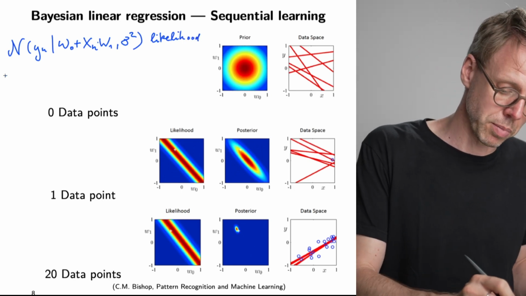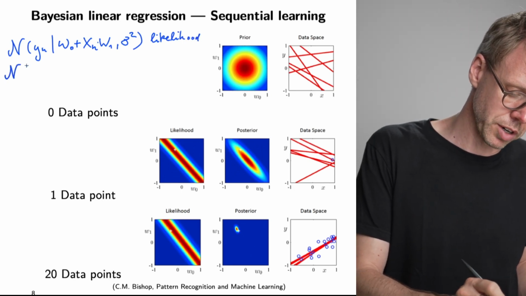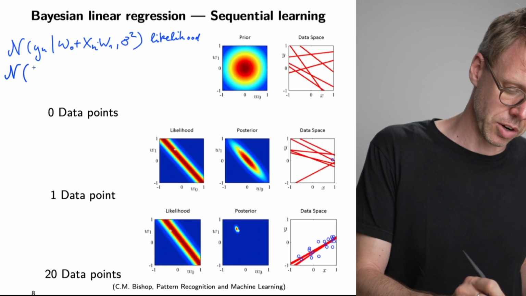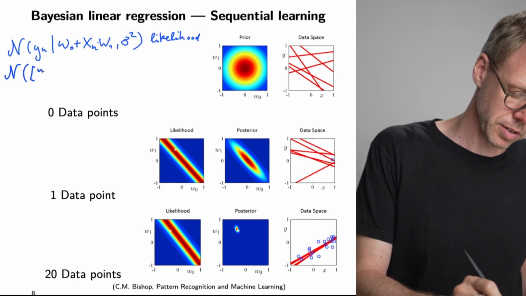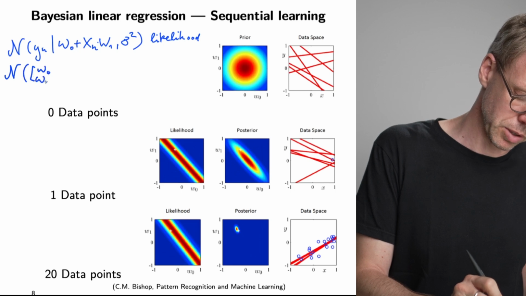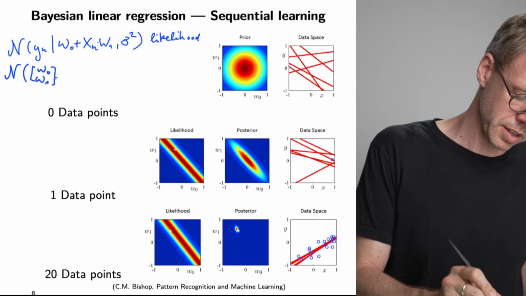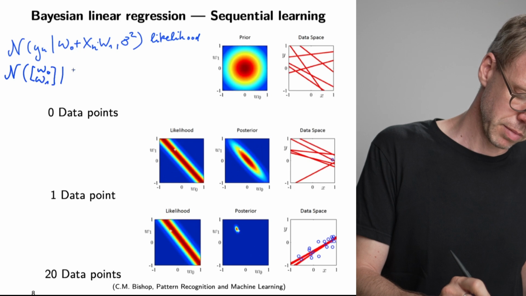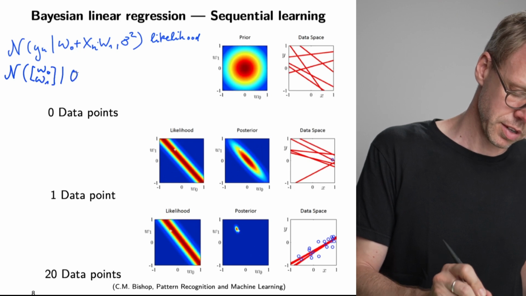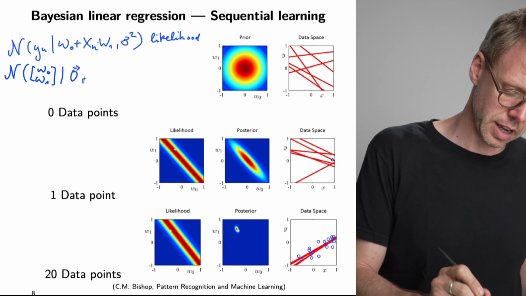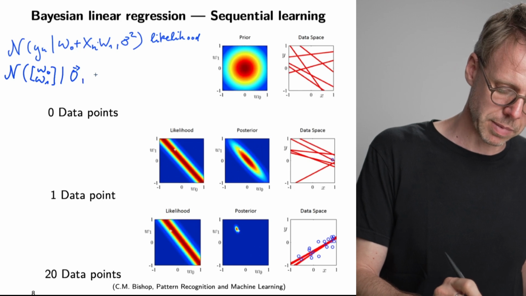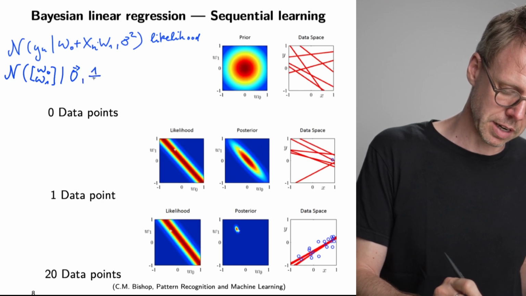And we have a prior distribution as before over our weight vector, which is two-dimensional, W0, W1, with mean 0, and a covariance matrix that is given by 1 divided by lambda times the identity.